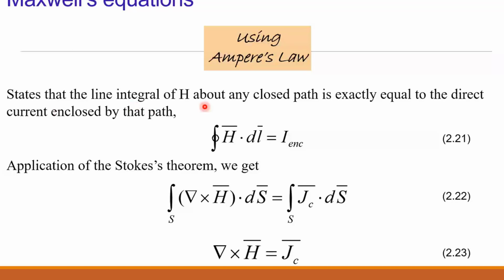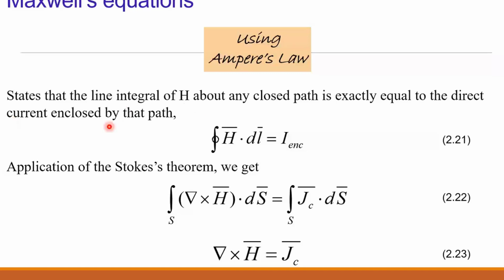The closed line integration of H bar dot dl bar is equal to I enclosed, the current enclosed, similar to Gauss law. If I want to reduce this to the point form, we have to apply Stokes theorem, because here we find that there is a line integration.